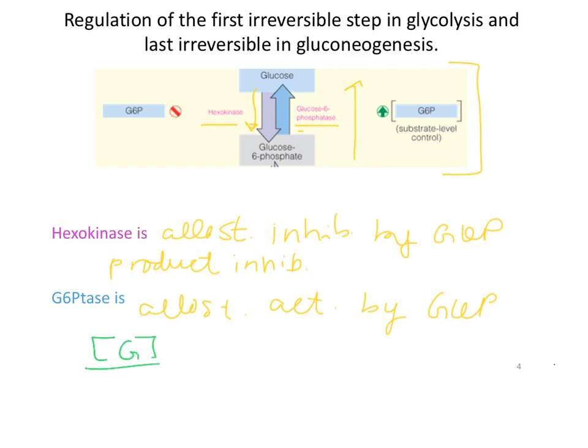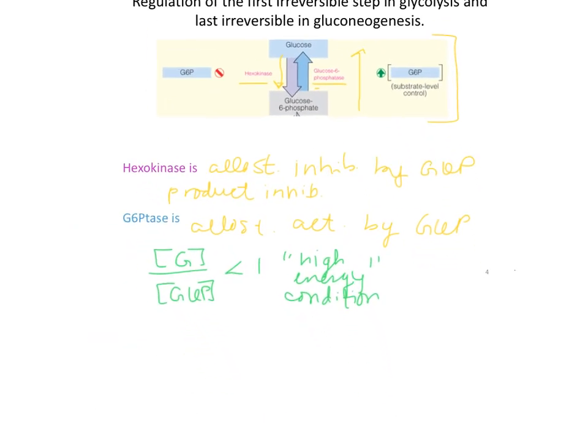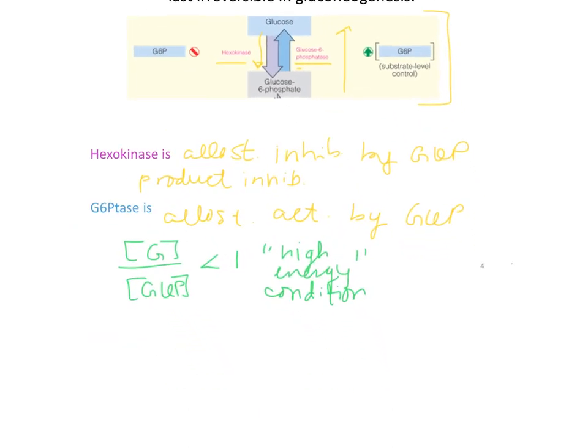If the ratio of the concentration of glucose to glucose 6-phosphate is less than 1, I call this a high energy condition. What does that mean? That means we have a lot more G6P than we do glucose.